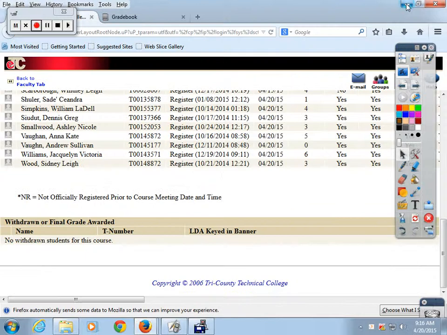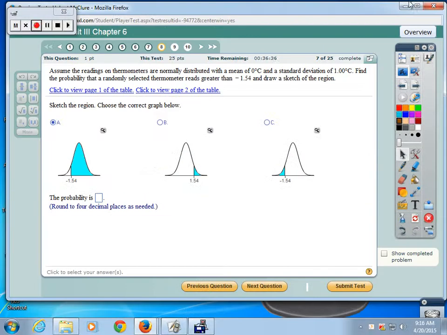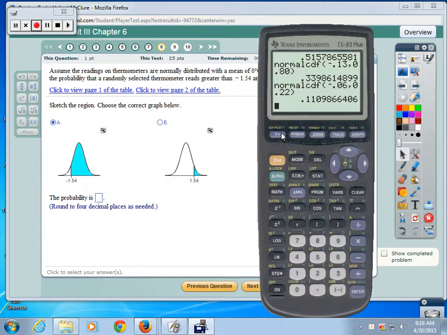So you take your handy dandy calculator and I'm going to do this one in the calculator. Negative 1.54 to what? Infinity, Hubert. That's right, class.